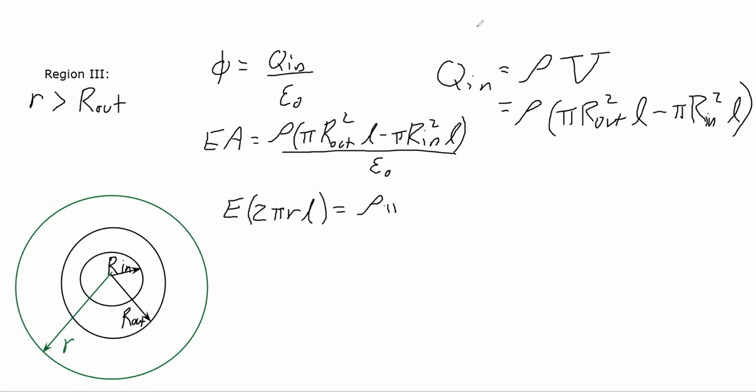Factor out the pi, and I'm going to factor out the L, leaving R out squared minus R in squared, over epsilon 0. Now let's solve for E. This pi cancels with this pi, and this L cancels with this L. And there's my equation.